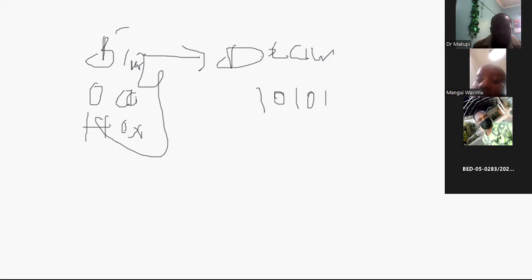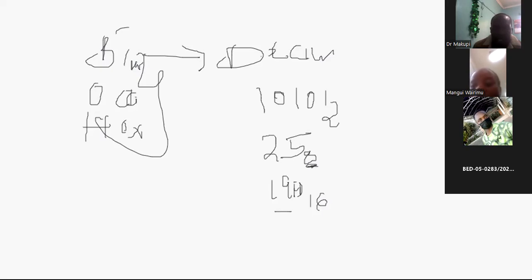This is a binary number. If you see something like this, 25, base 8, as long as you see base 8, this is an octal number. 19, F, D, base 16, this is a hexadecimal number.